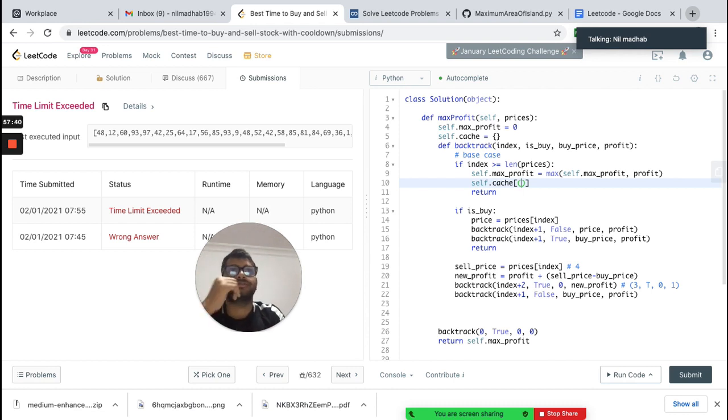So for this index and buy price and profit, we can put it in the cache, right? We can cache the result.